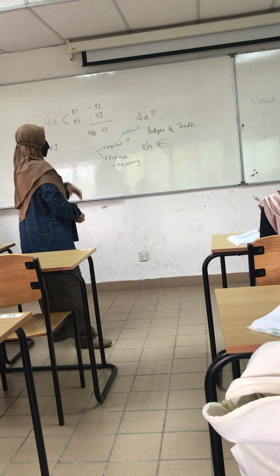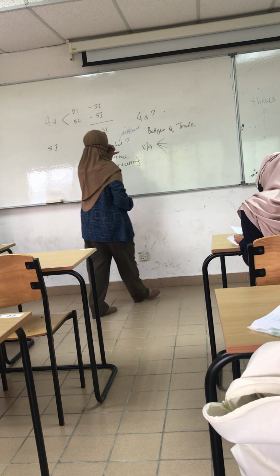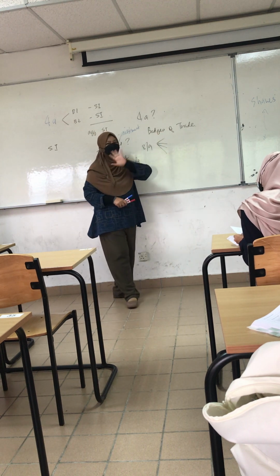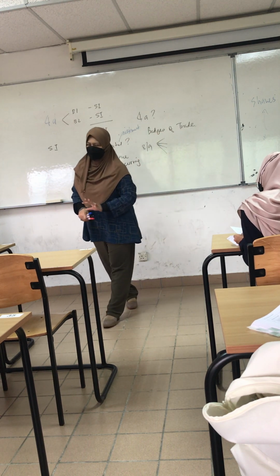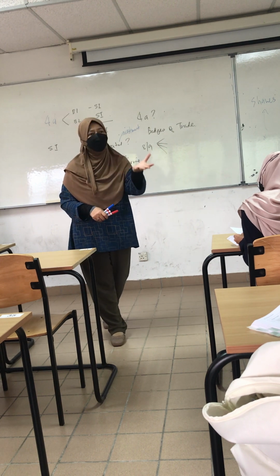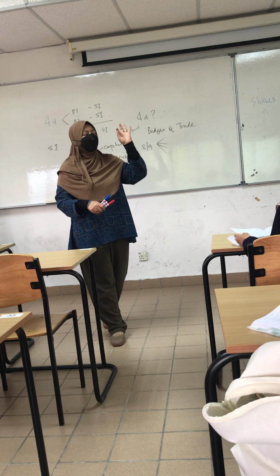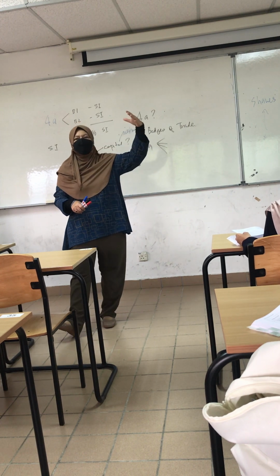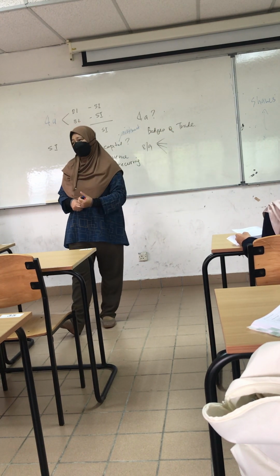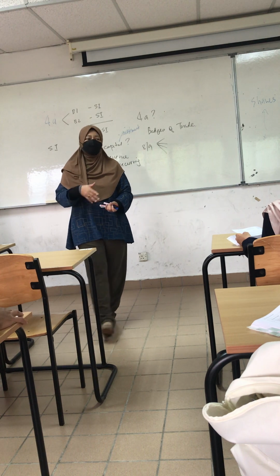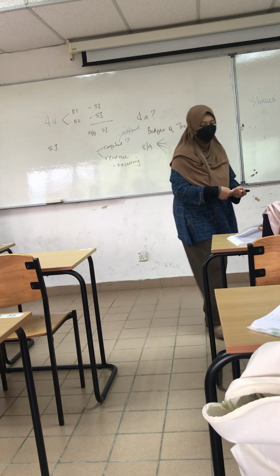Okay, so that's how you use badges of trade. The question on badges of trade is normally theoretical. They give you a scenario and then you have to justify using badges of trade. Advise whether the income is subject to income tax. So there you are, badges of trade.